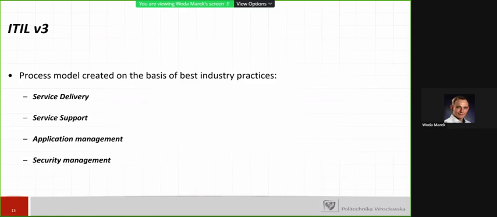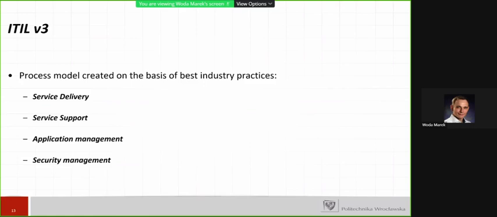This is a way how different services, IT and not IT, are being delivered to the customers and the internal users. Service support is how we deal with various issues that may happen during the delivery or ongoing processes with the services being provided. So how we respond to inquiries about problems within the infrastructure and the services.